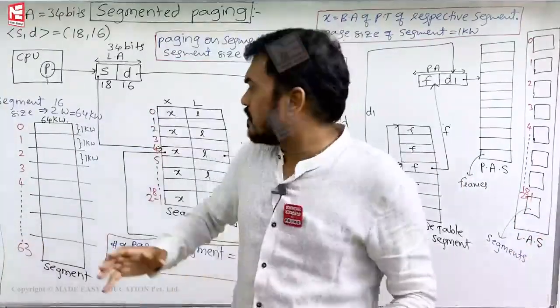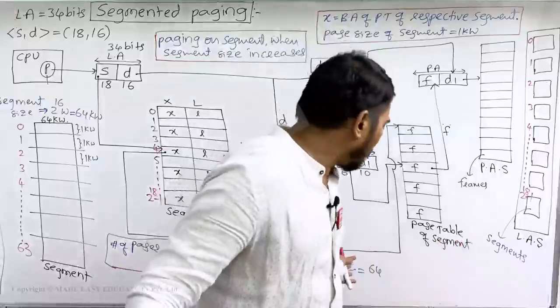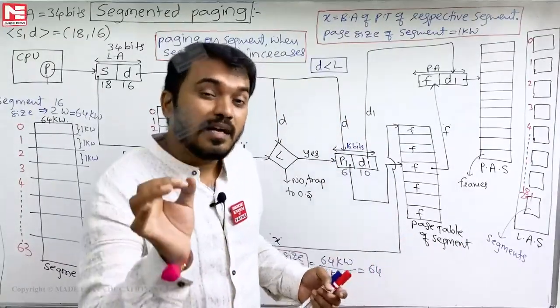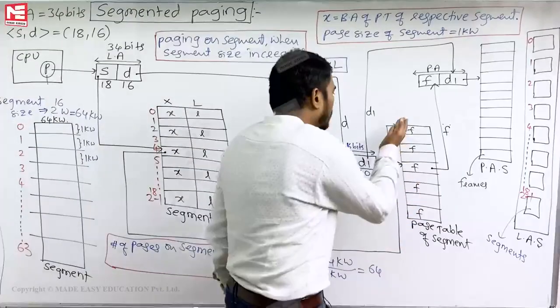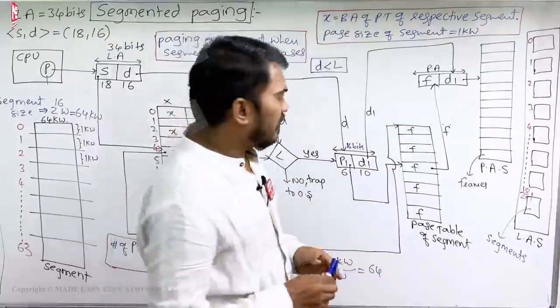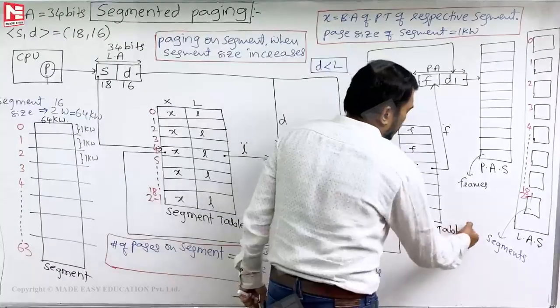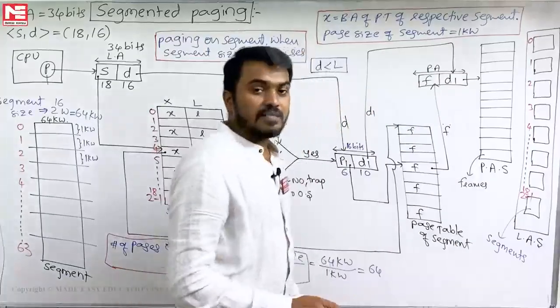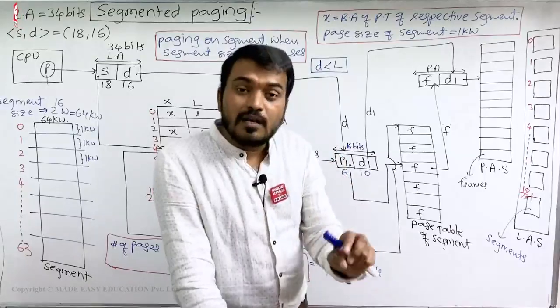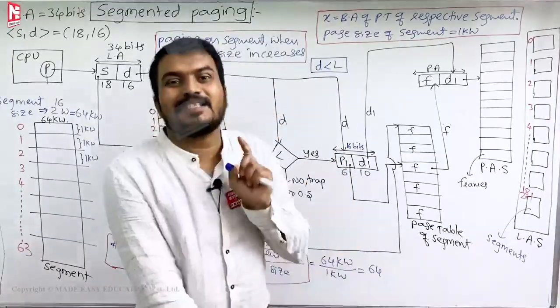So here we applied paging on the segment, got 64 pages, and to represent them we need to maintain this page table. Look, what is written here? Page table of segment. What does it mean? Page table to represent pages of segment.